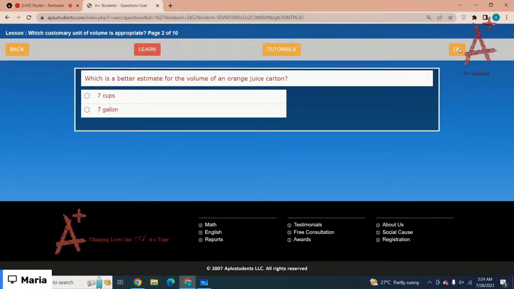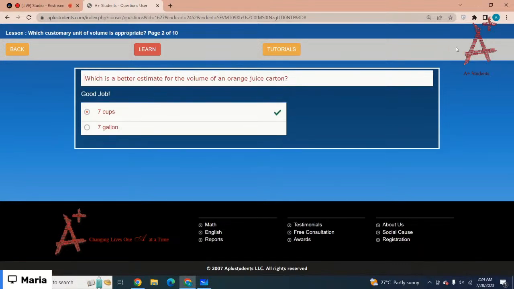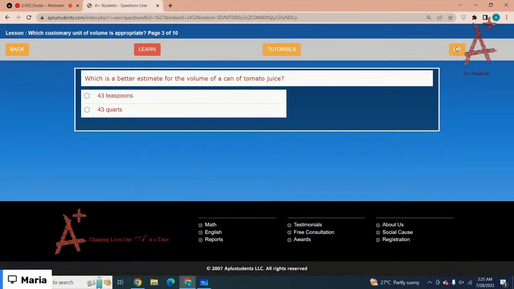The correct option for the carton of orange juice is 7 cups, because 7 gallons is much more for the carton. Very good.